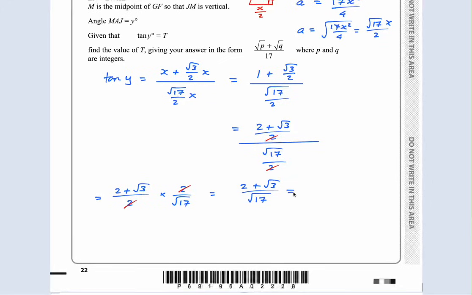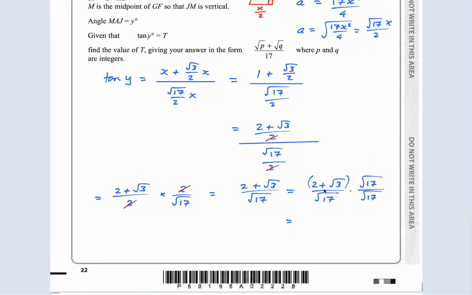So I'm going to multiply above and below by root 17 to rationalize this denominator. So it's 2 plus root 3 over root 17, and I'm going to multiply above and below by root 17. I'm just multiplying by 1 essentially, and this finally gives me 2 times root 17.